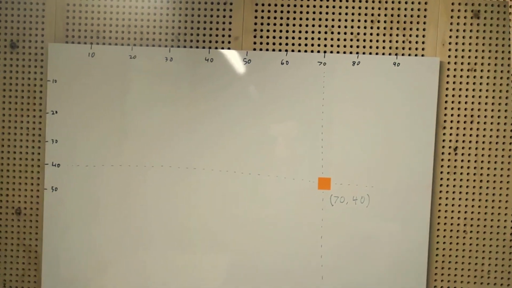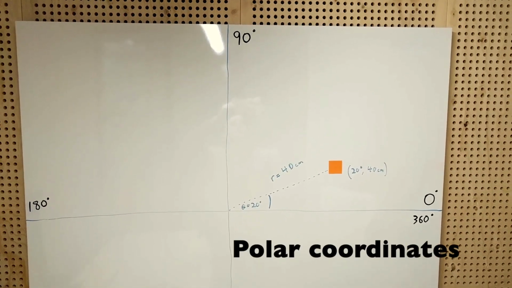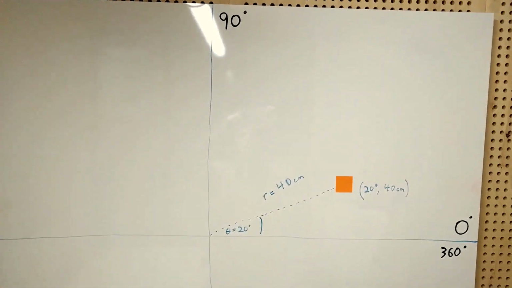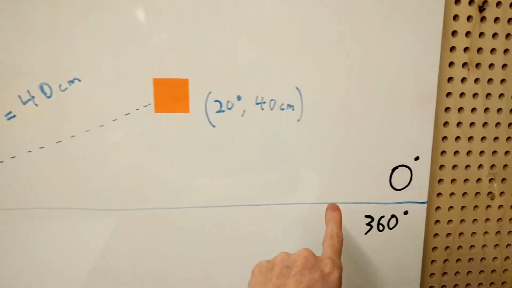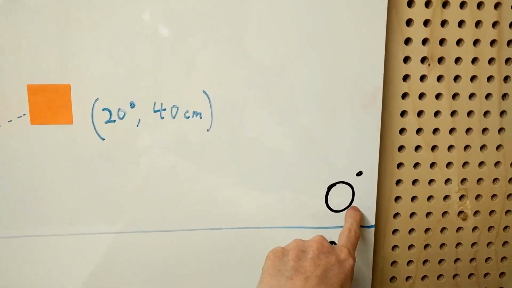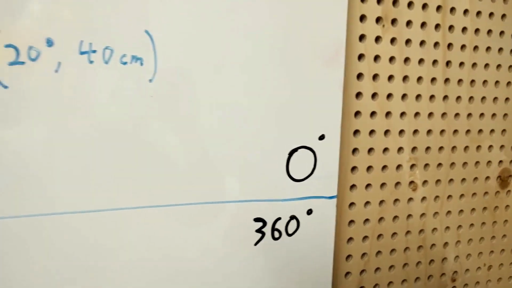That's simple enough. Another approach that works just as well is to use polar coordinates. Here we find the middle of the board, and this is 0 degrees from the middle, 90, 180, 270, and back to 360 or 0 degrees.